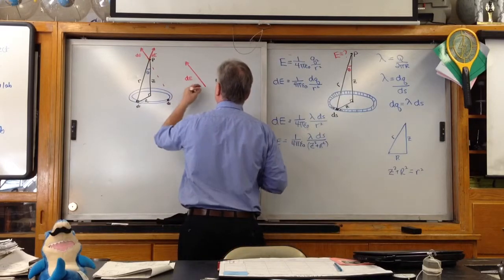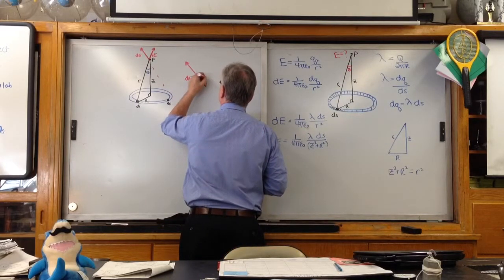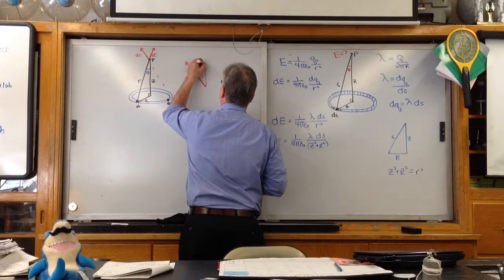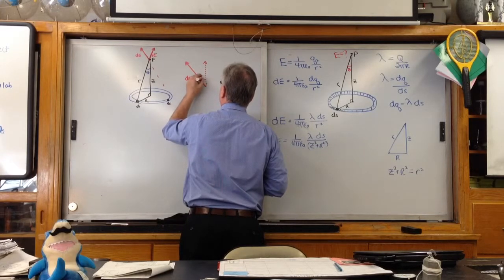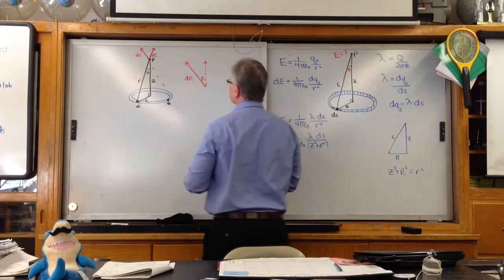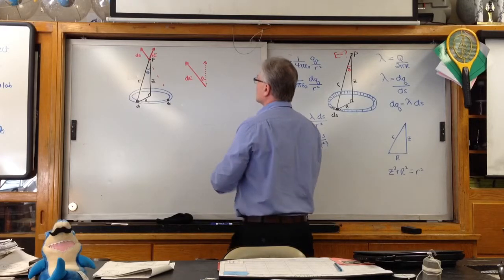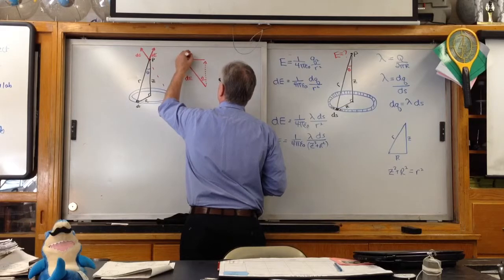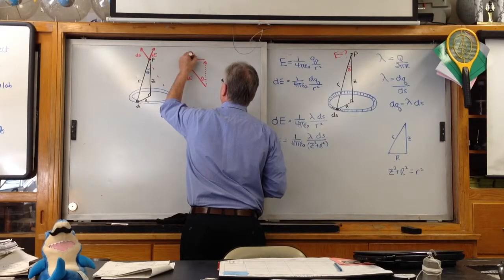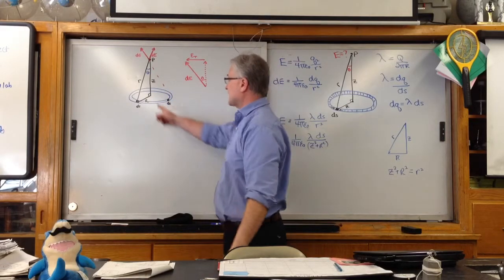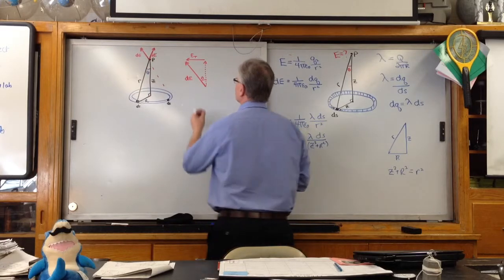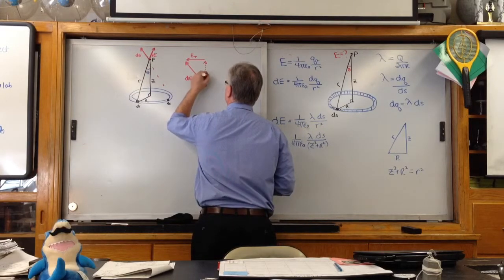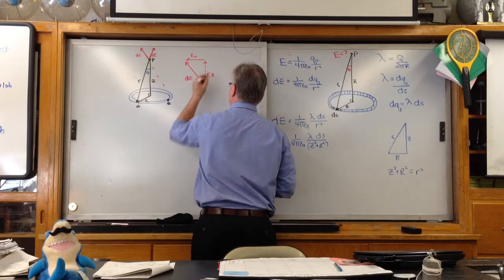This dE goes up at some angle which is equal to the one of the triangle, like so. So we're creating a couple of electric fields. We've got the electric field that's perpendicular to the z-axis right here, and we also have an electric field here that's parallel to it, like that.